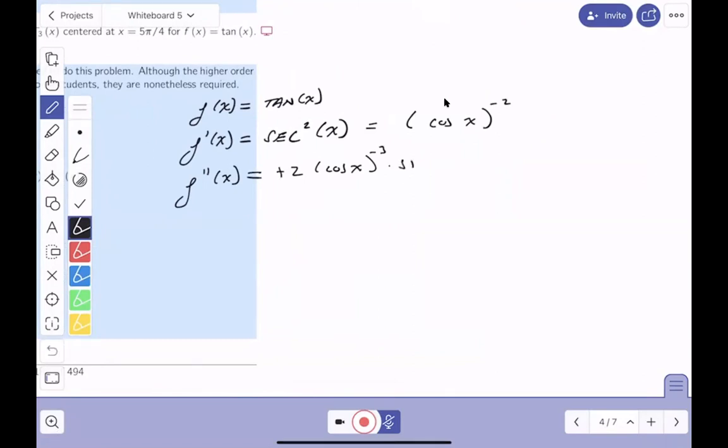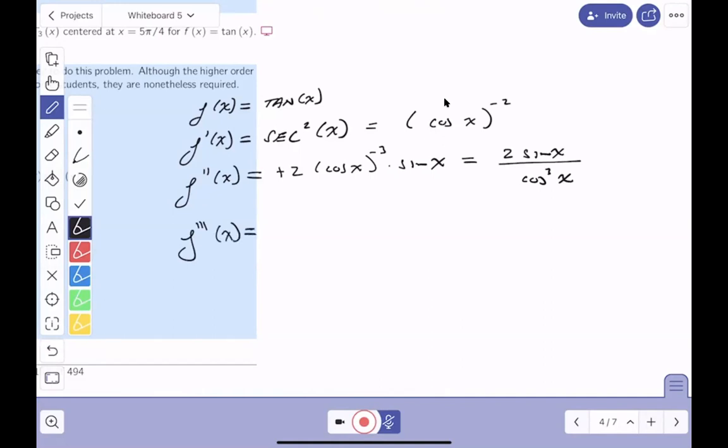So I put this over here. I know this is difficult, by the way. So what's this going to be? 2 sine x over cosine cubed x.